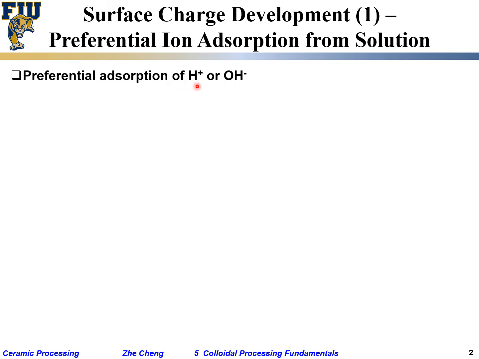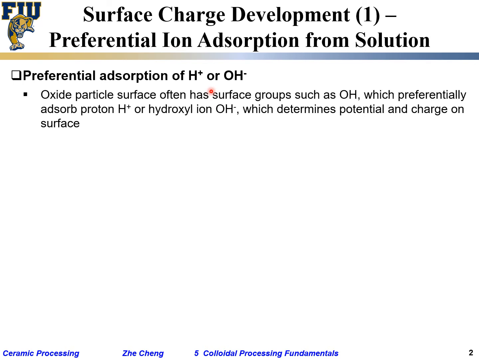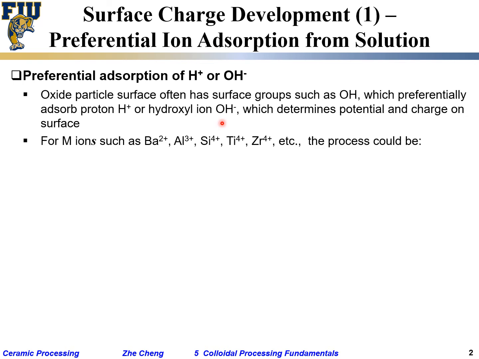The first one we are looking at is preferred adsorption of either proton or hydroxy group. For these, the oxide surfaces quite often have surface groups such as OH, which preferentially adsorb either the proton or hydroxy group and determine the surface potential and charge on the surface.